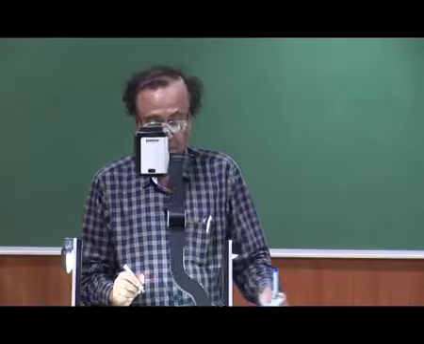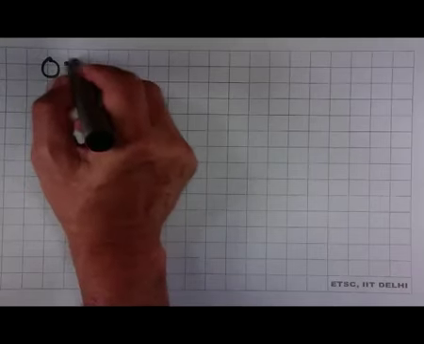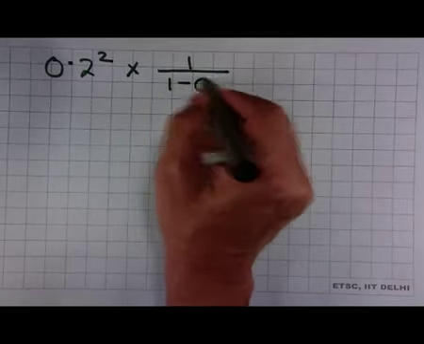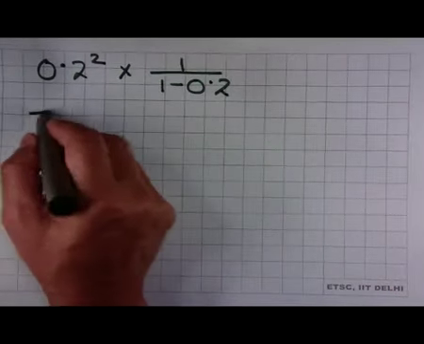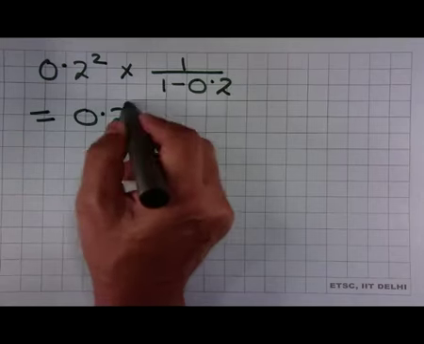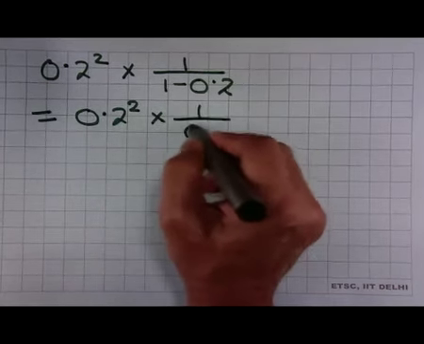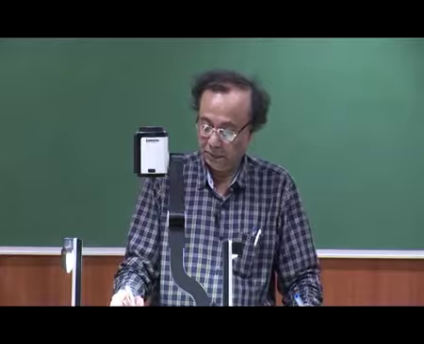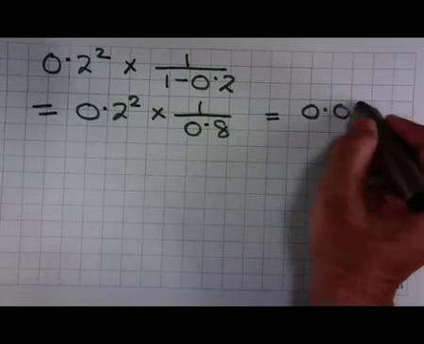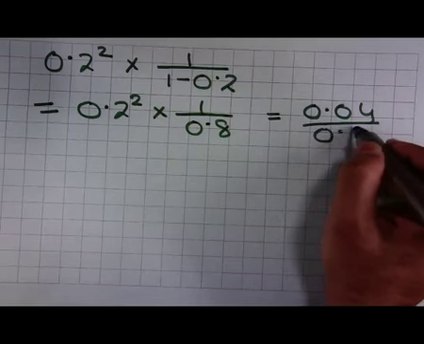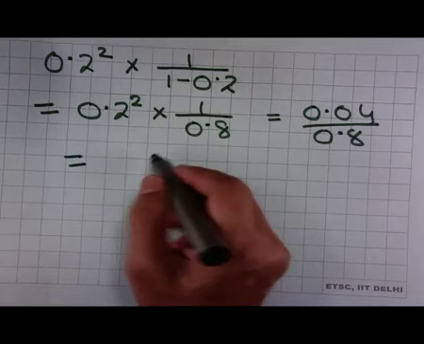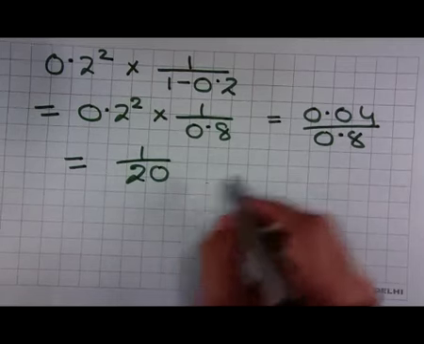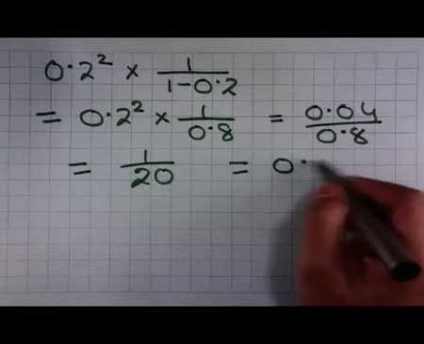Therefore, this becomes 0.2 square multiplied by 1 upon (1 minus 0.2), which is equal to 0.2 square into 1 upon 0.8, which is equal to 0.04 upon 0.8, equal to 1 upon 20, which is equal to 0.05.